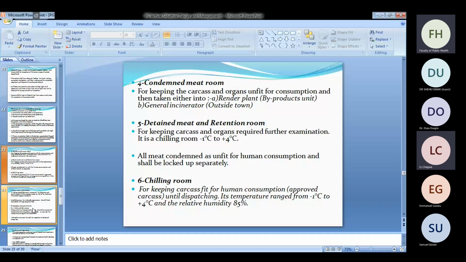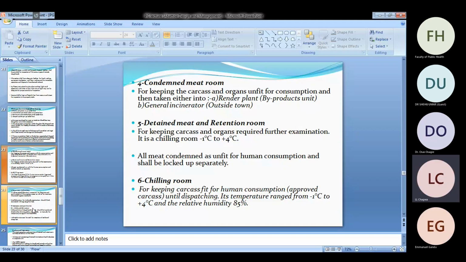Yes, for further examination to confirm the disease in the particular organ or meat. Okay. But in addition to that, some people find it difficult to even allow the meat to be condemned.